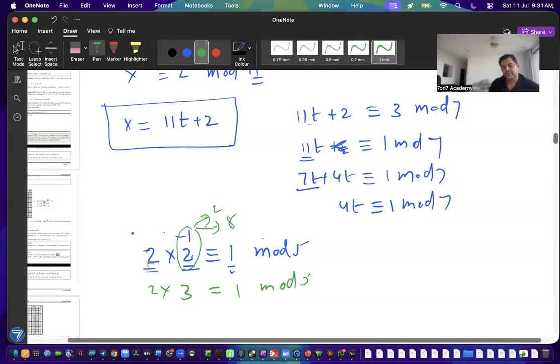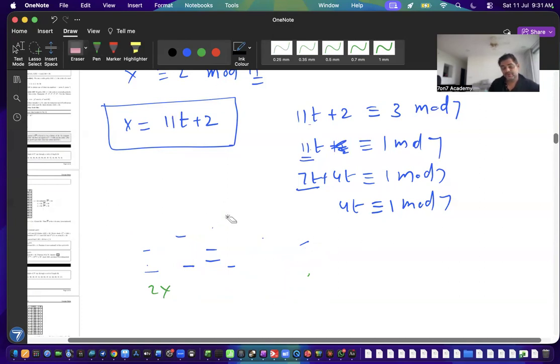So my problem is, here I reached 4t and I don't want the 4 here. I have to eliminate this 4. What I multiply here should be 1 more than a multiple of 7. Multiples of 7 are 7, 14, 21, so 22 is the target. If I multiply by 5, I get 20, which is 1 less, but it should be 1 more.